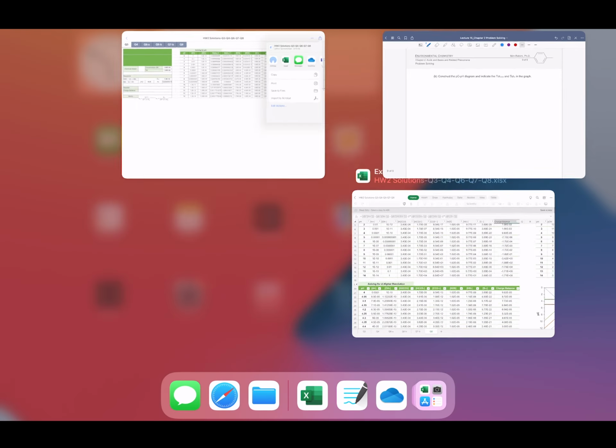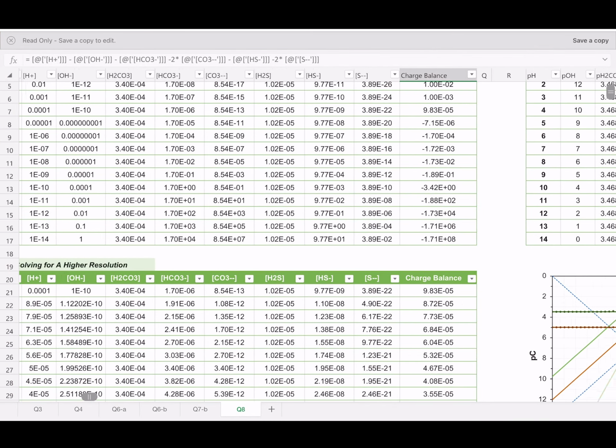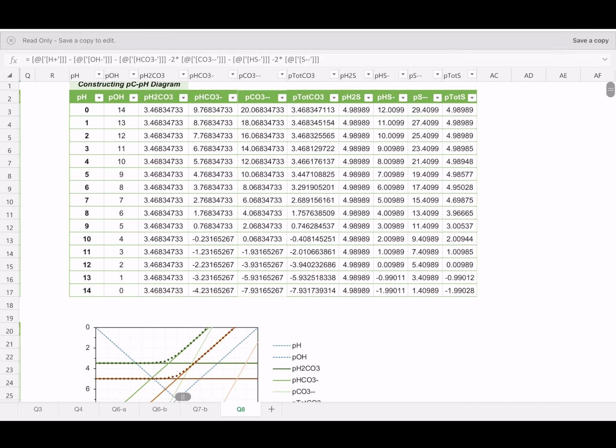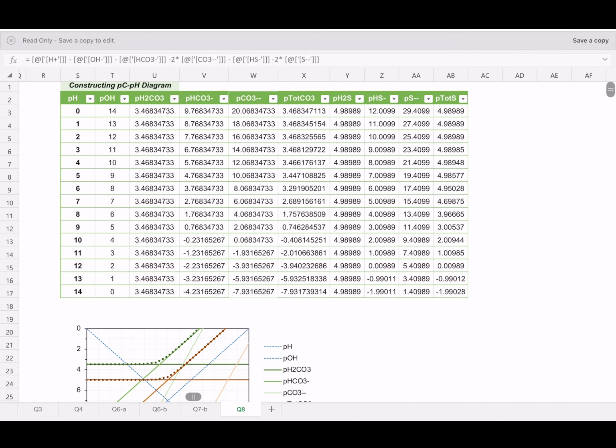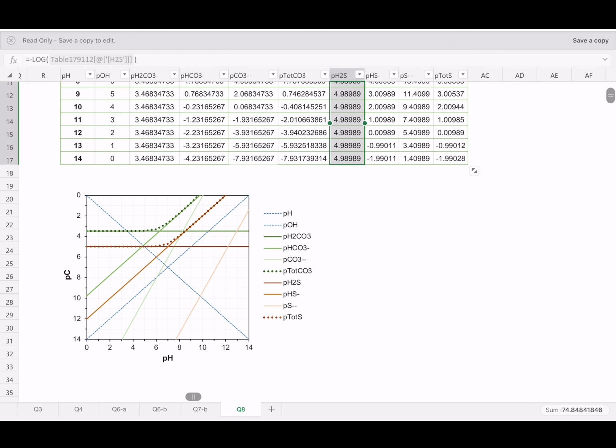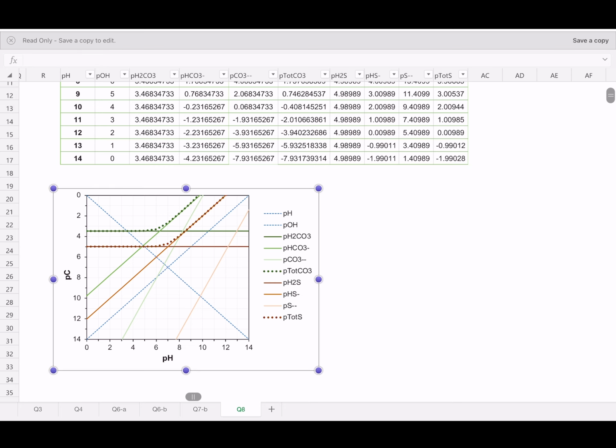So that means if pH changes, the amount of carbonic acid and H2S that is absorbed in the system would also change. So if we go back to the Excel file, we see that since we have all the concentrations, we can easily calculate the p-values for the individual species. And when we have the p-values for the individual species, we can just construct the graph.